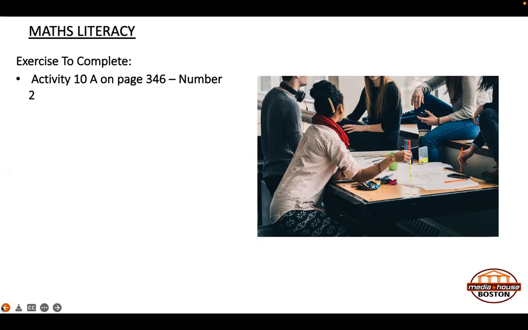So is everybody there? Number 2 on page 10A. It says calculate the mean, the average number of people who attended an event on a daily basis based on the attendance figures provided below. Round off the average to the unit column.